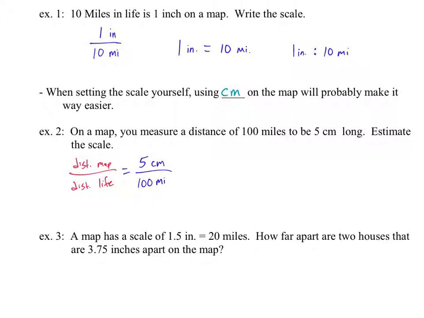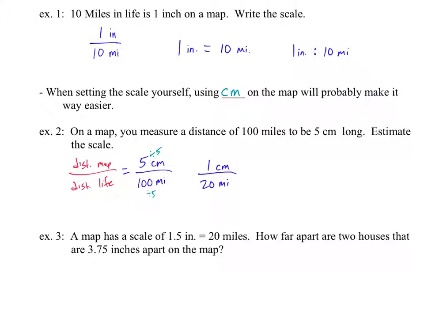Now we could leave that as a scale, but that's not reduced. And if we're doing these ratios, we really do need to reduce it. If I look at 5 and 100, those are both divisible by 5. So I'm going to divide by 5 and divide by 5. If I divide them both by the same number, it still stays equal. So now I have 1 centimeter on the map is going to be 20 miles in real life.